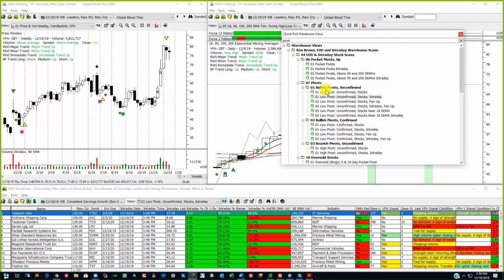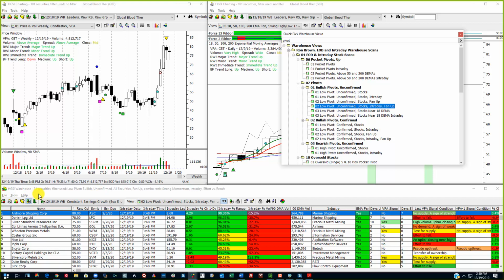Okay, and let me do this here. Low pivot unconfirmed, 54 stocks. If I go down to number 2, where the fan up is required, that cuts it down to 31 stocks. So 31 stocks, you know these stocks are in an uptrend.